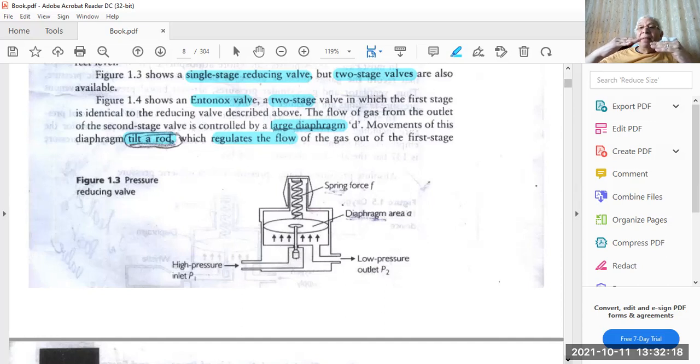As long as it descends, the rod attached to it will descend also, displacing the bulb of this rod from the opening, making more oxygen go to the other side, trying to increase the pressure. So these upwards and downwards movements of the diaphragm will try to control the pressure whenever the pressure is decreased. This is the first stage reducing valve.